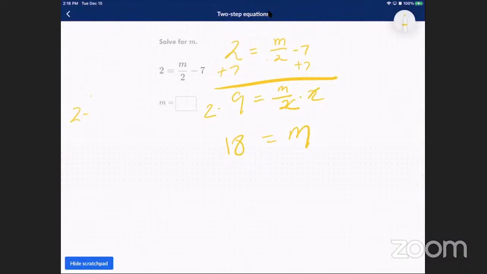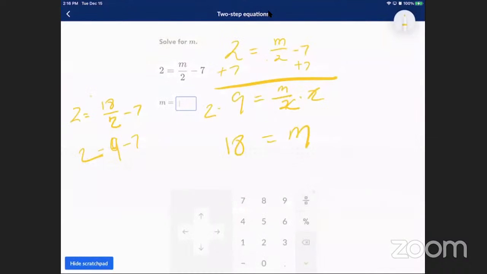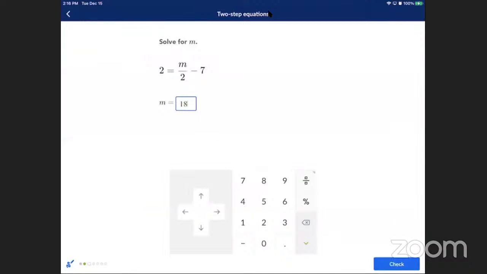We have 18 over 2 minus 7. Does that work? Yeah, it does. Because 18 over 2 is 9. 9 minus 7 is 2. So the answer is m equals 18.